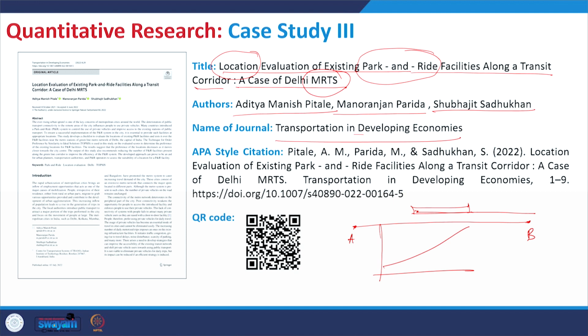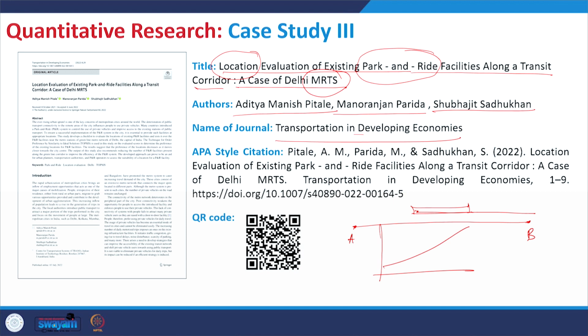You can use your own vehicle, your own car, two-wheeler or bicycle up to the nearest station, and then you park your vehicle over there and use the public transport for the maximum of your total trip length.